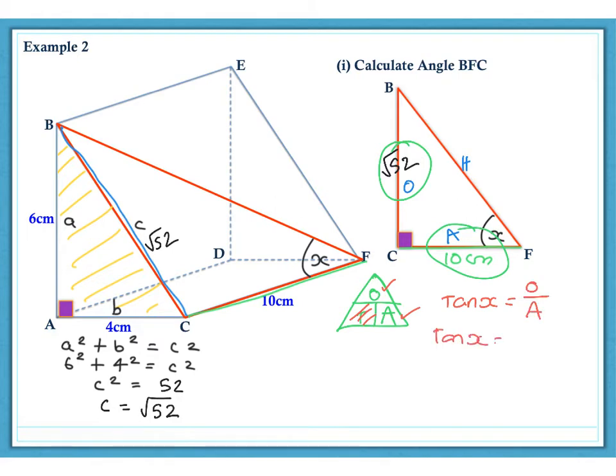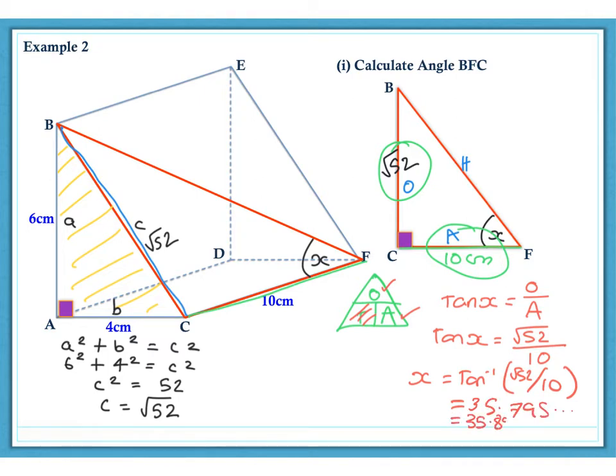Tan X is equal to root 52 divided by 10. X is tan to the minus 1, the inverse tan of root 52 over 10, and this is equal to 35.795, rounding to 35.8 degrees to 1 decimal place.